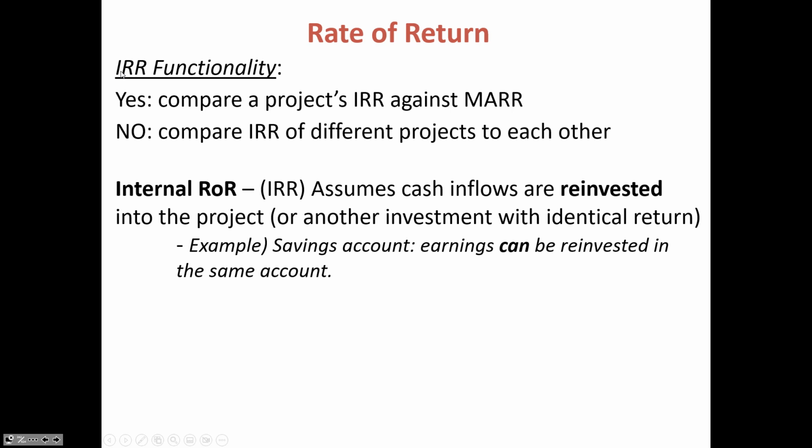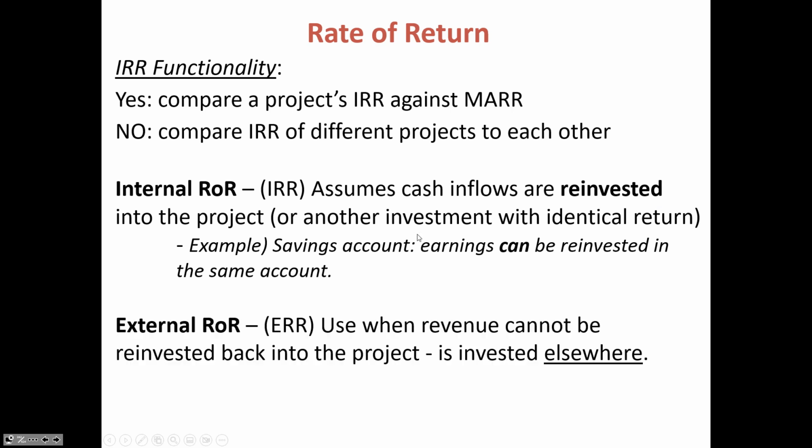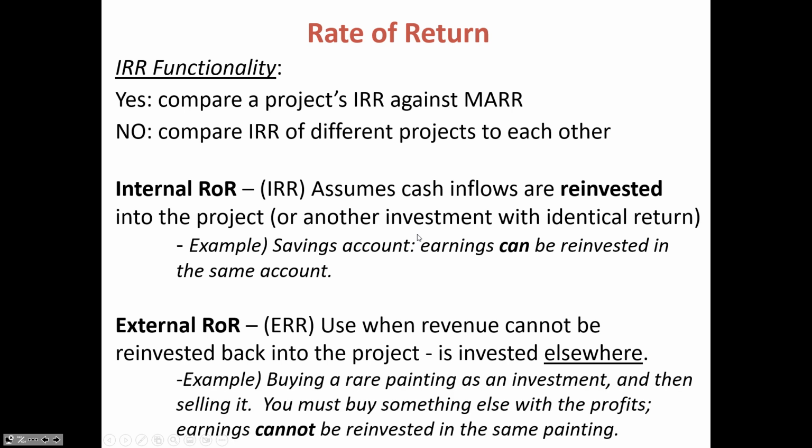But because of that assumption that the inflows are being reinvested into the project, it doesn't apply to a lot of situations, like if you've bought a business and you're getting cash over time, like the example that we worked in Excel a few minutes ago, or this situation. It's not reinvestable.